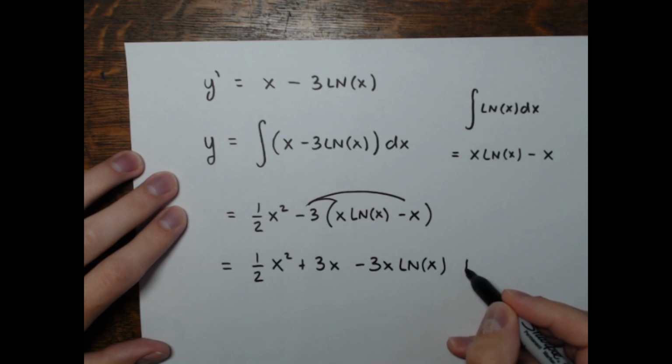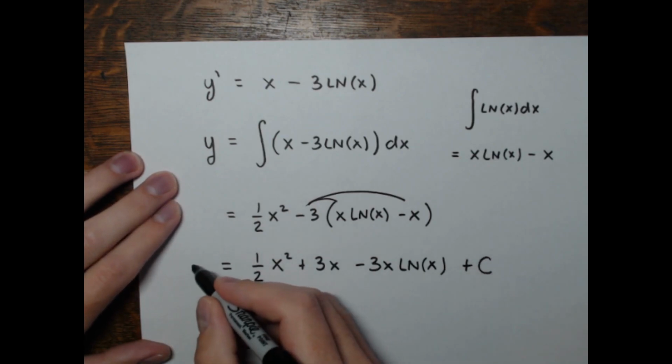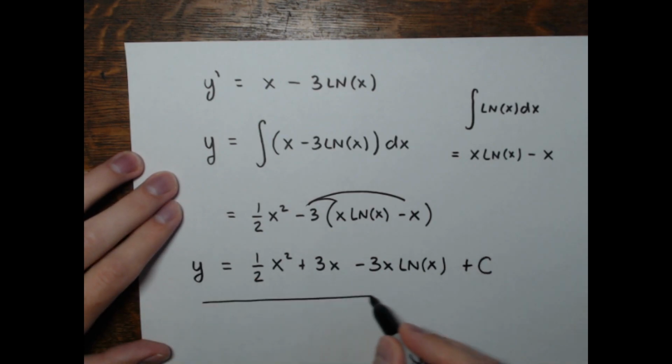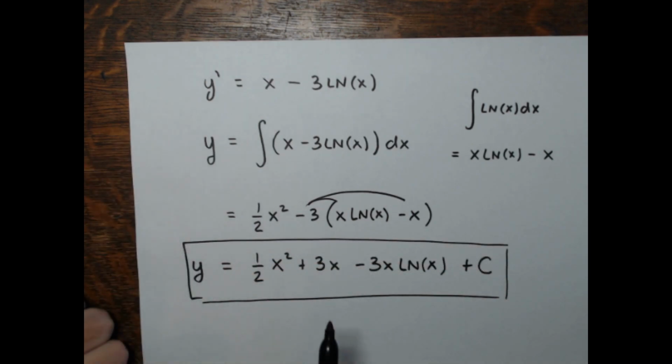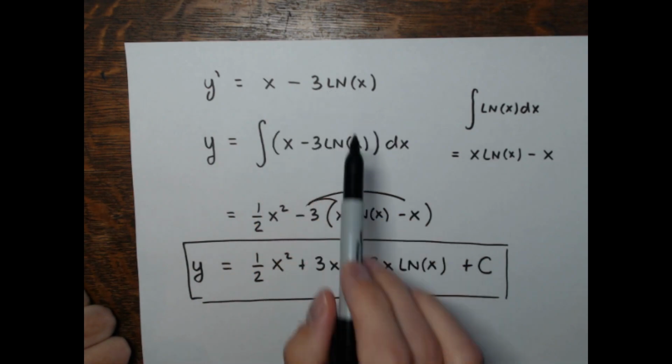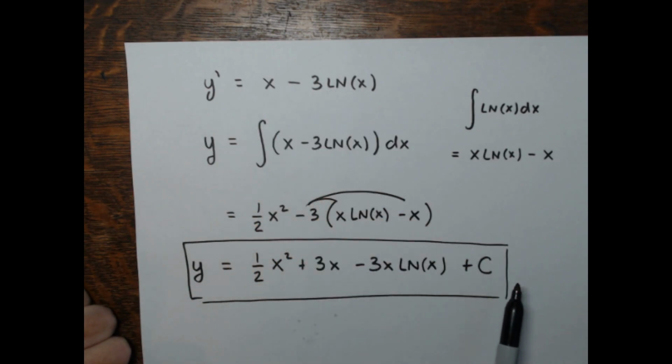We throw on any constants, right, that will also work, have the same derivative, and here we go. There's a description of any function I could replace y with in this equation, and it'll have this x minus 3 log x as a derivative. All right. So this is what I'll be entering in the assignment.